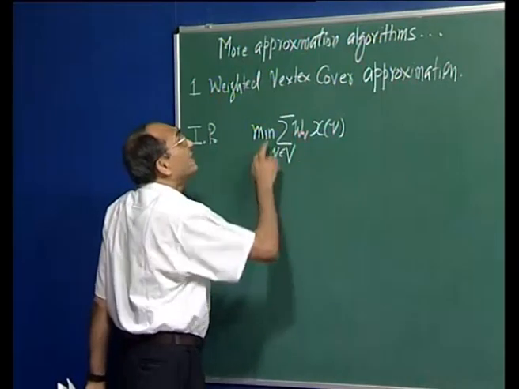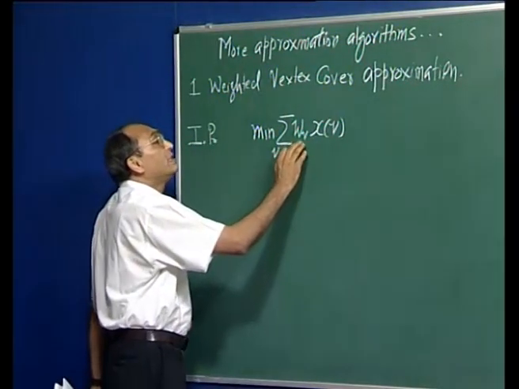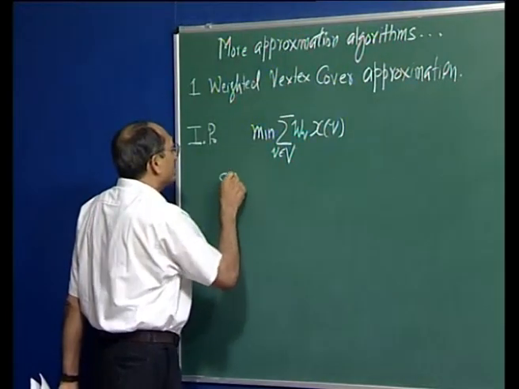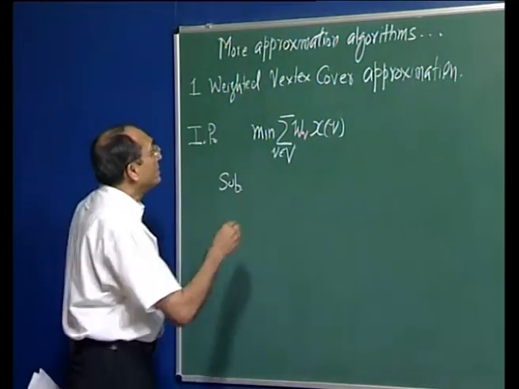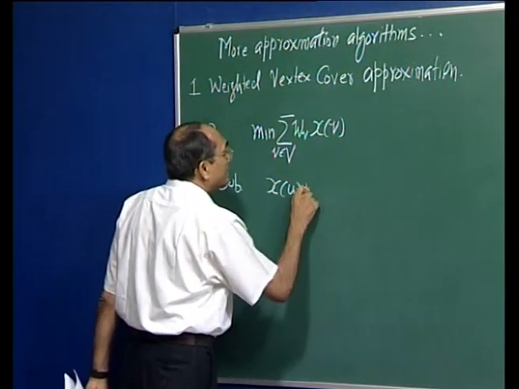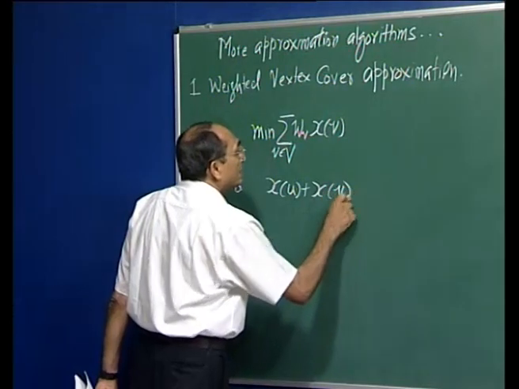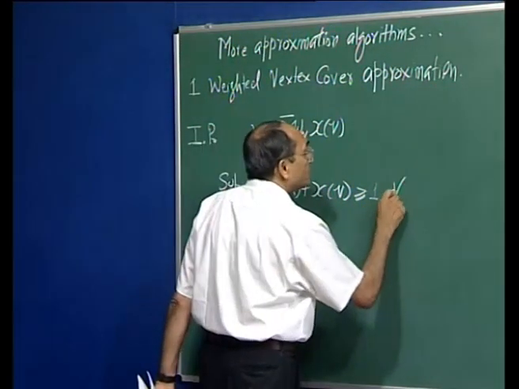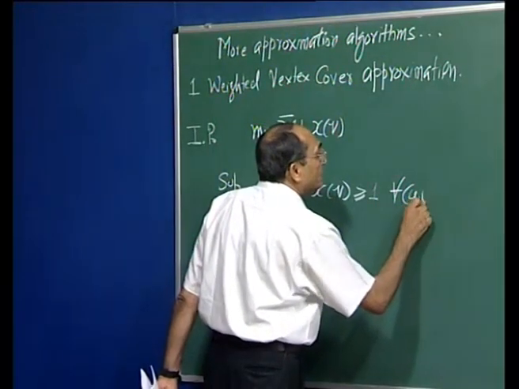Hence, this will actually be the cumulative weight of the vertex cover, and this we want subject to the following, that X_U plus X_V should be greater than or equal to 1 for all edges UV.